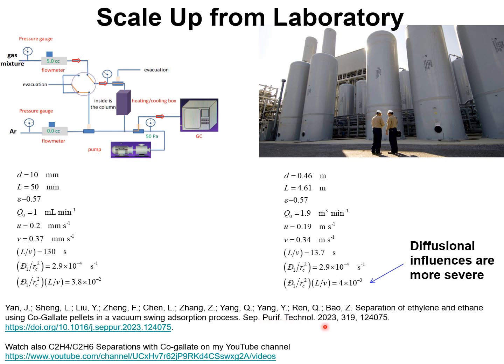This paper in Separation and Purification Technology 2023 reports transient breakthrough experiments in laboratory scale tubes, and the data is then used to simulate a four-step PSA scheme for separating ethene mixtures using the Aspen software.